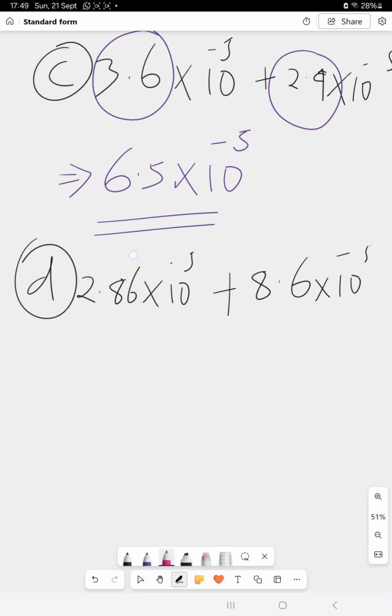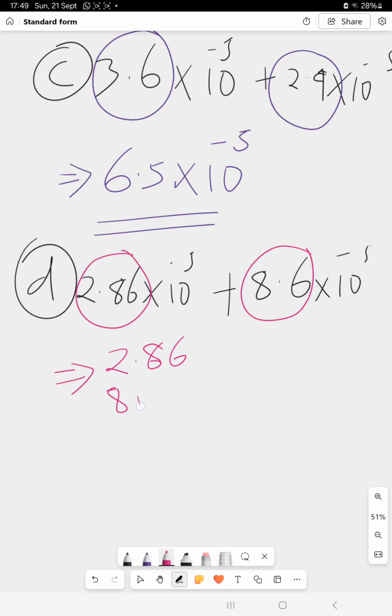Same approach. We do this one plus this one. Therefore, when you take, let me add this one here, 2.86 plus 8.6, you get 6, you get 4, and then you get 11.